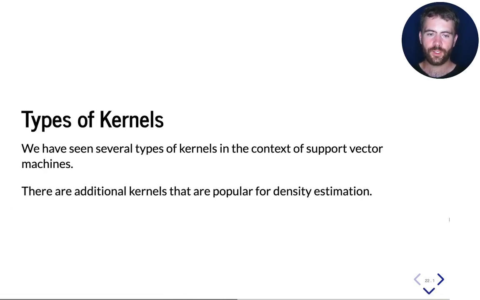Let me first tell you about what a kernel might be in this context. When we talked about support vector machines, we saw several different types of kernels, and several of them will be applicable to kernel density estimation as well, but there are others that are also useful that we haven't seen before.